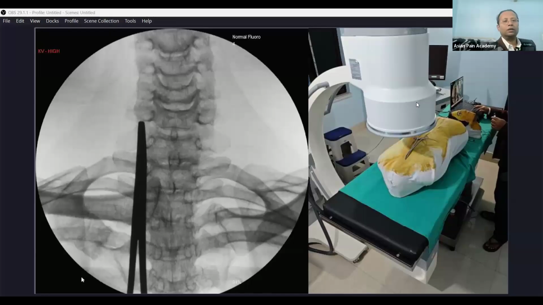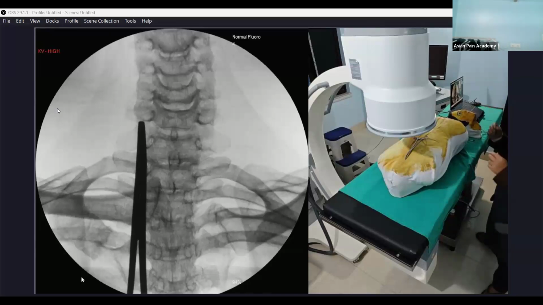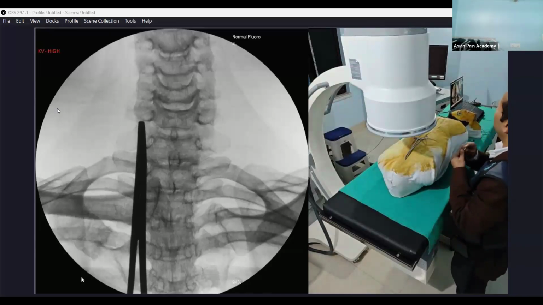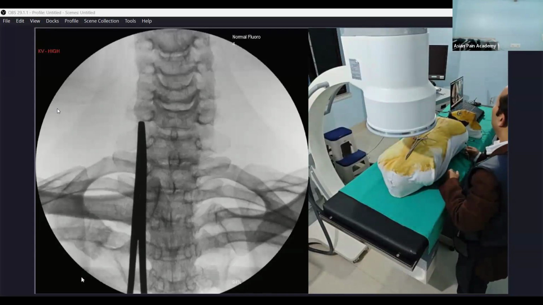So here I am going to first hit the lamina. I have put the forceps on the C6-7 area nearly.